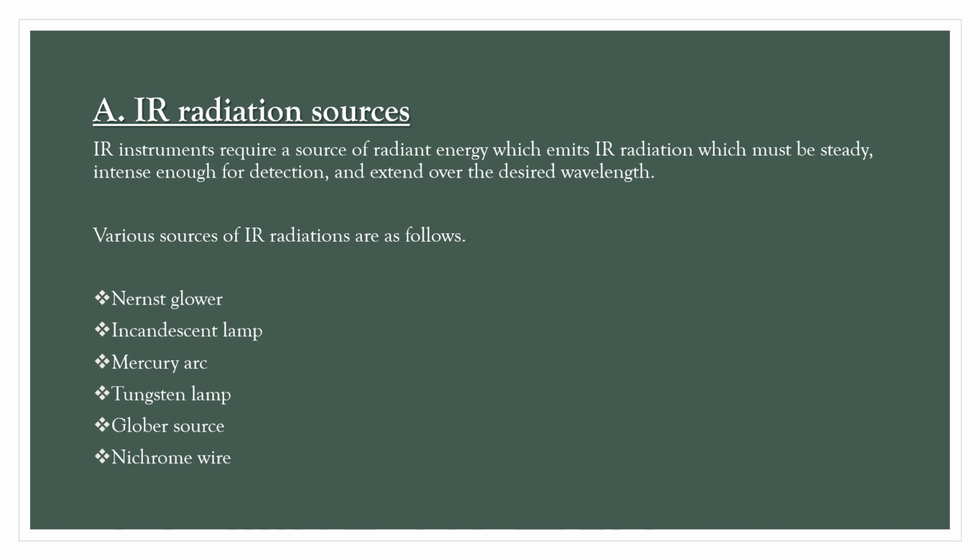Infrared instruments require a source of radiant energy which emits infrared radiation which must be steady, intense enough for detection, and extend over the desired wavelength. Various sources of infrared radiations are as follows: Nernst-Glower, incandescent lamp, mercury arc, tungsten lamp, Globar source, nichrome wire.